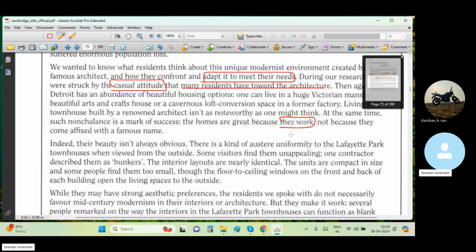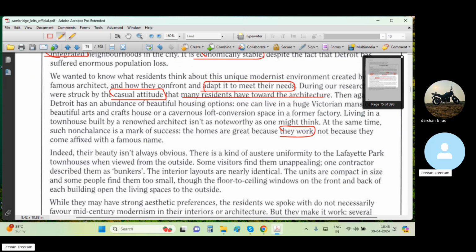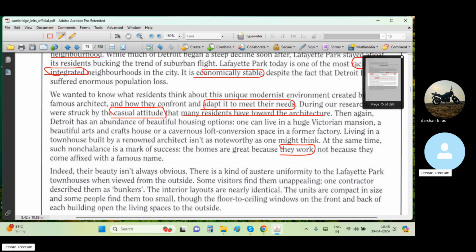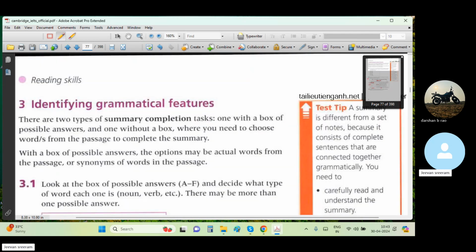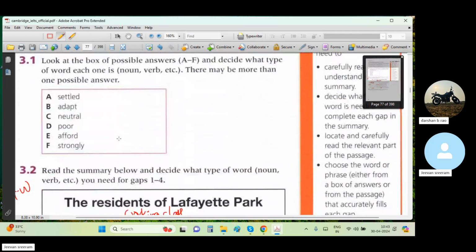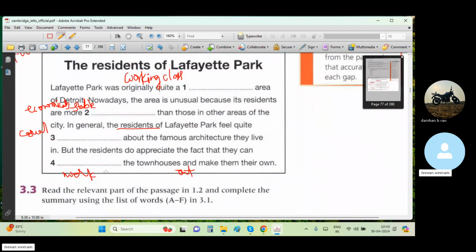They make them work for them. They make the townhouses, so you can write adapt also.